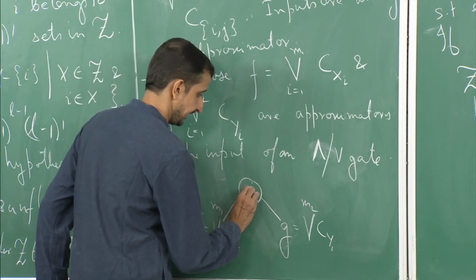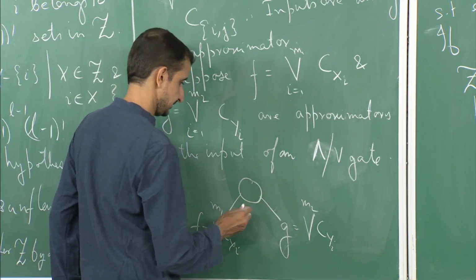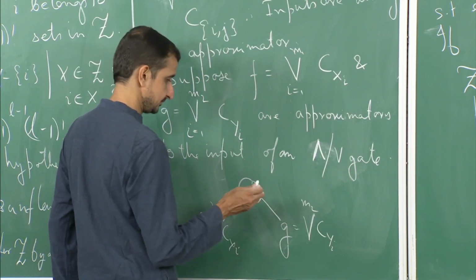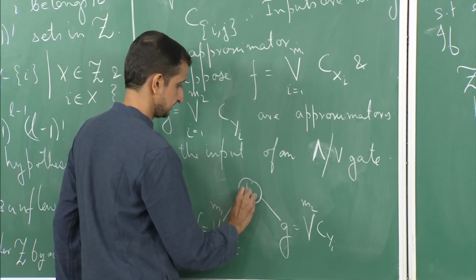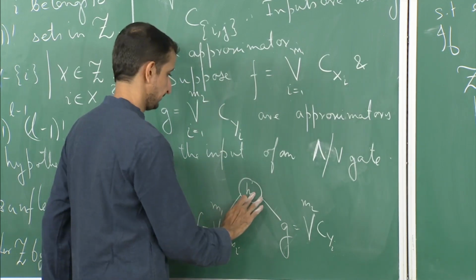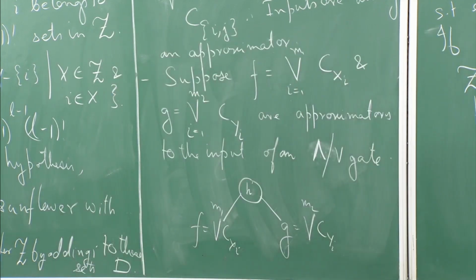Let me call this gate H. Now, we will look at both the cases, when H is an OR gate and when H is an AND gate.